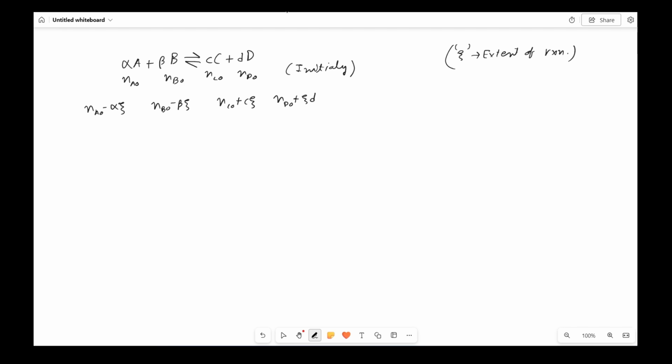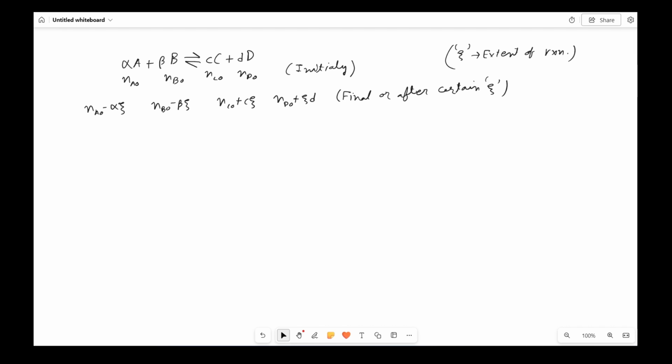So it means that from Na naught moles, this amount is getting consumed. From Nb naught moles, this amount is getting consumed, and in Nc naught moles, this amount is getting added. So these are the moles in the system after a certain epsilon.